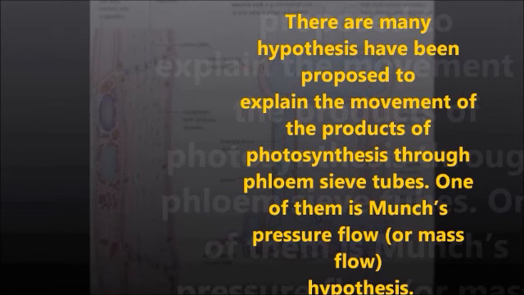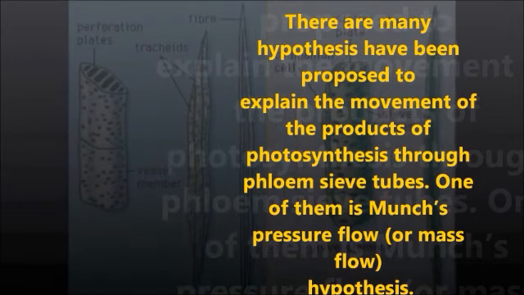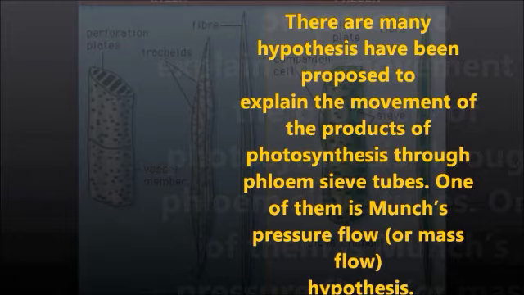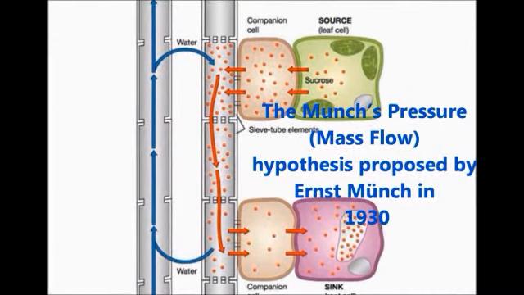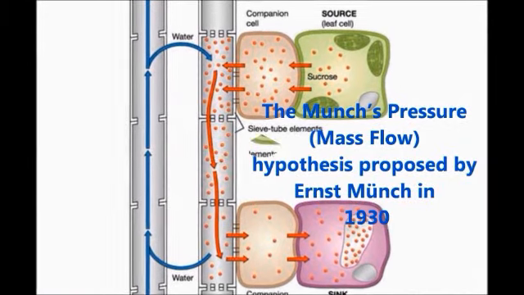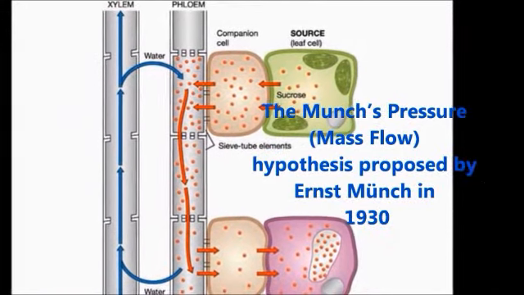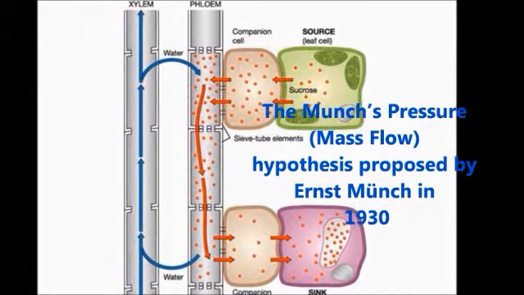One of them is the mass pressure flow or mass flow hypothesis. The mass flow hypothesis was proposed by Ernst Münch in 1930.